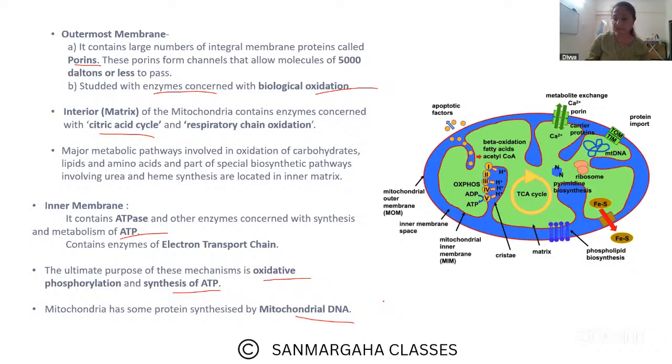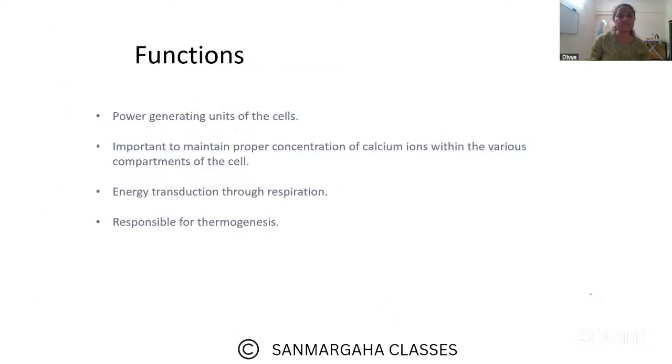So next, coming to the functions of mitochondria. As we have discussed, it generates ATP. It is the power generating cell, the powerhouse of the cell. It generates ATP, and also it maintains the concentration of calcium ions within the various compartments of the cell.